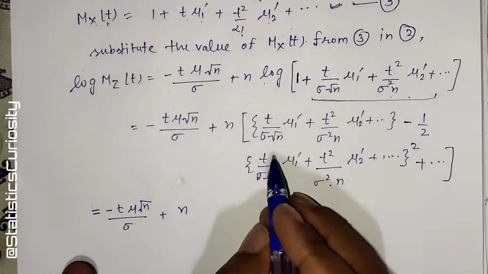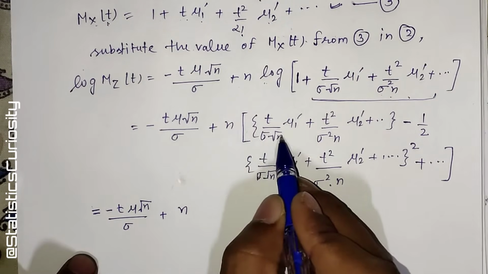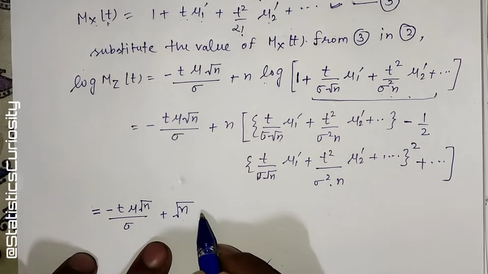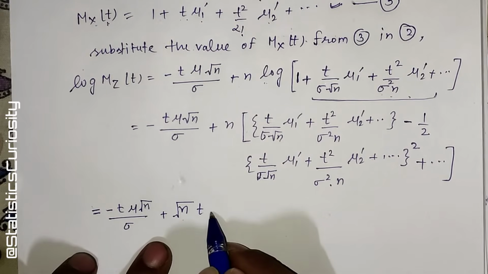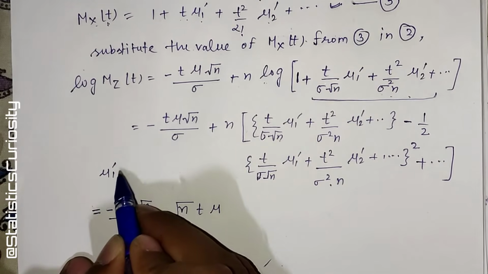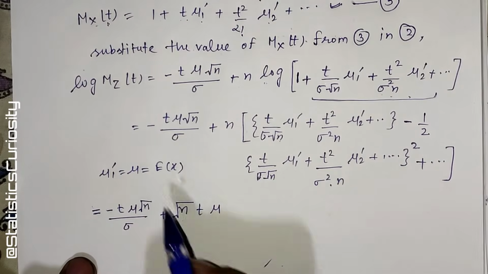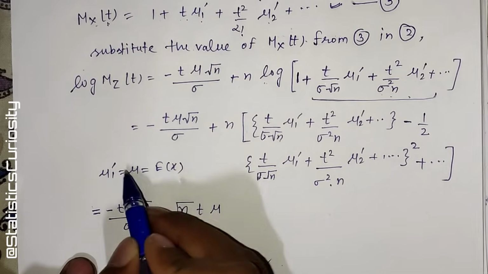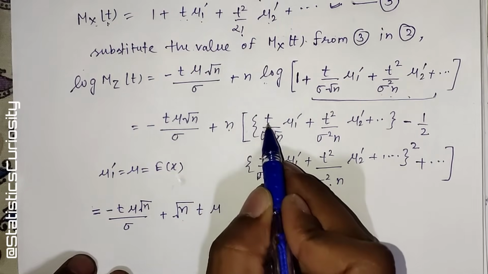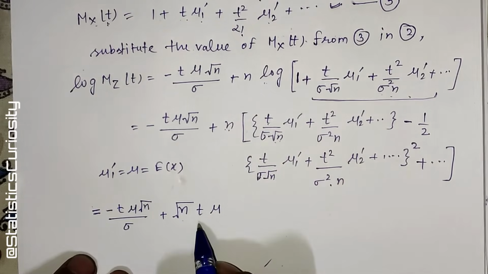The square root of n will be divided by this n and we will get square root of n multiplied by t multiplied by mu. You should know mu 1 dash is nothing but mu because it is the expectation of x, and we know that the mean of the population is mu. So t square root of n into mu 1 dash divided by sigma.